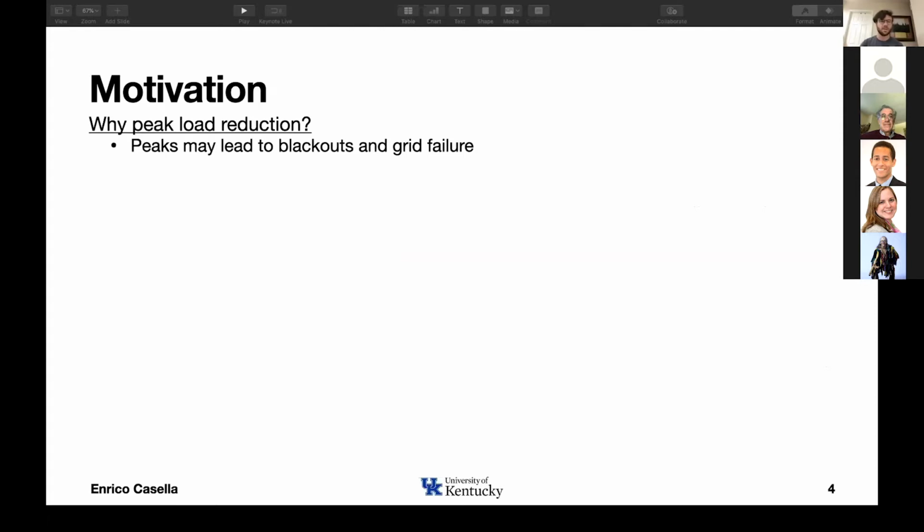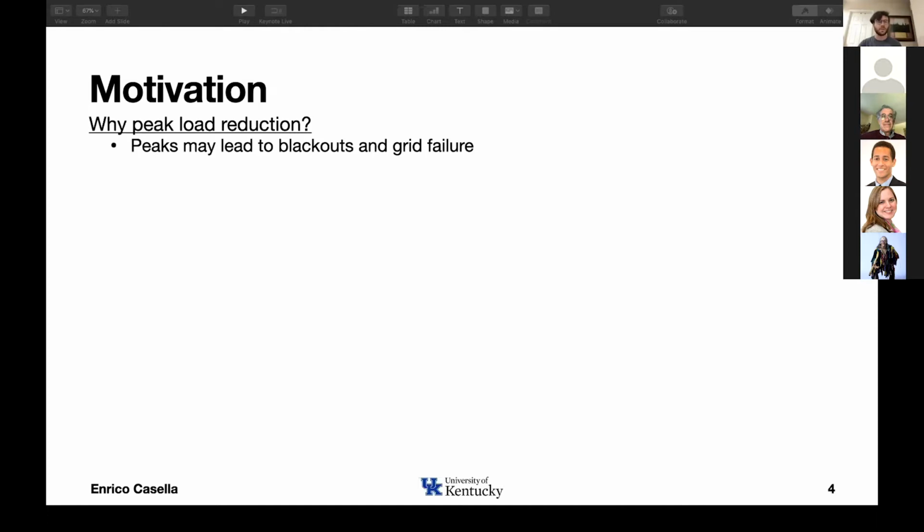Now, why is this a problem? Well, when there is a peak, the demand might keep growing until it maybe even reaches capacity. This may lead to a blackout and an interruption of service, and that is a big discomfort for the users and for the utility company as well.